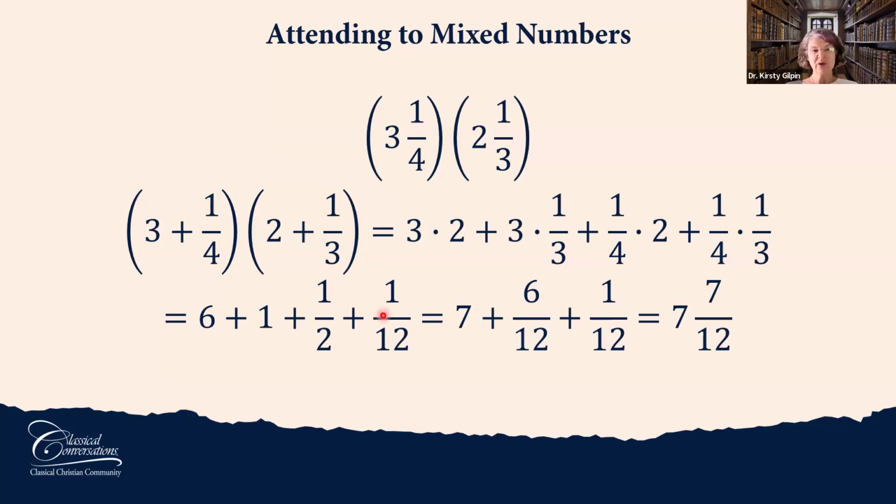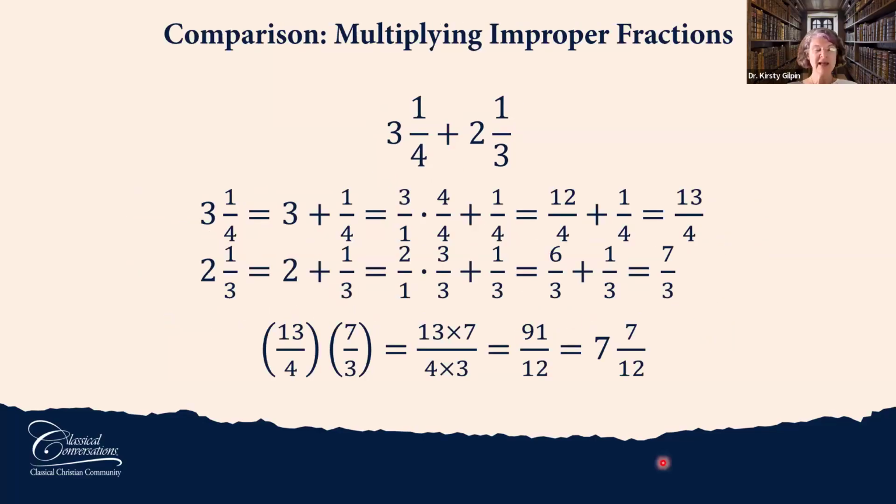And then I'm still going to, at some point, have to find a common denominator again. So when it comes to multiplying and dividing mixed numbers, I would always say that the most straightforward case is to convert to an improper fraction and then multiply and divide. And if needed, you can always convert back.